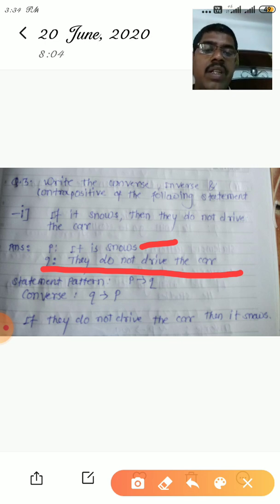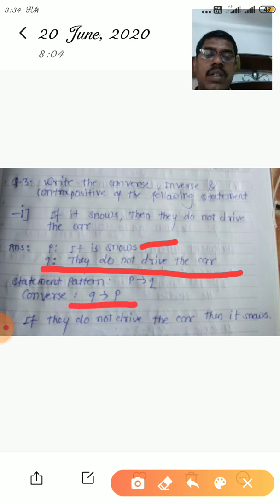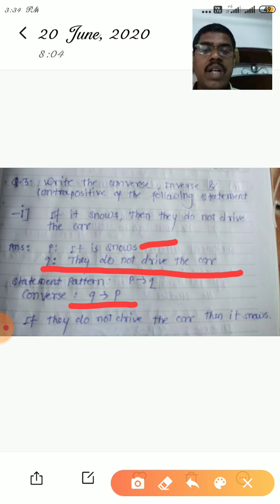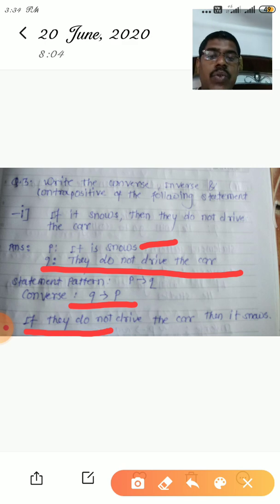The statement pattern is P conditional Q. Then the converse part is Q conditional P; that means we take first Q and then P, that is, if Q then P. The statement is: if they do not drive the car then it snows.